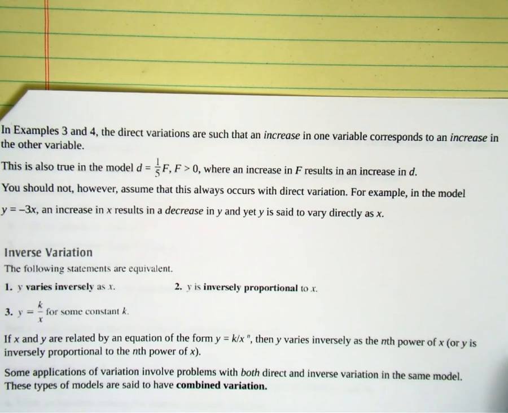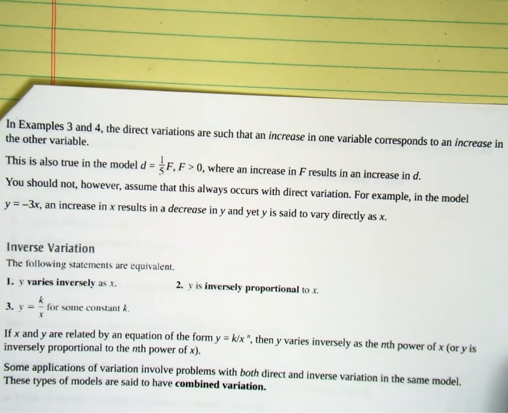All right. In 3 and 4, the direct variations are such that an increase in one corresponds to an increase in the other. This is also true in the model D equals 1/5 F, where an increase in F results in an increase in D. You should not, however, assume that this always occurs with direct variation.